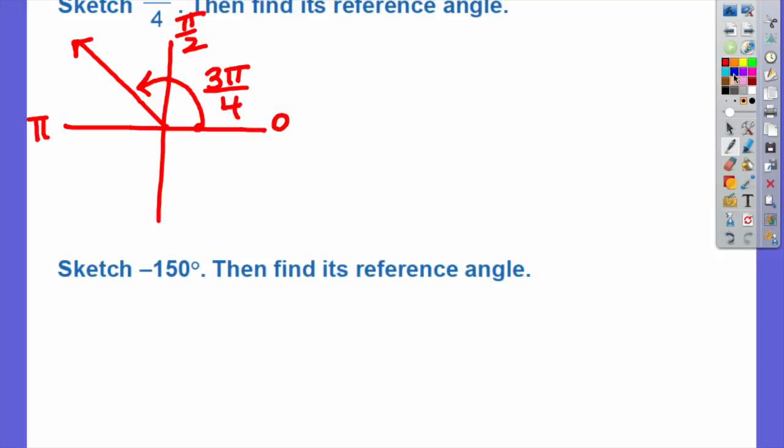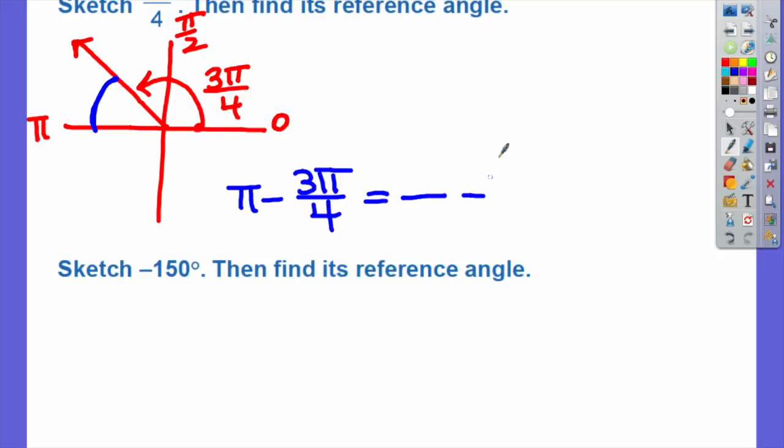Now to find its reference angle, it's its distance from the x-axis. Since we're in the second quadrant, we're going to do pi minus our angle, just using the formulas on the other page. How do I do pi minus 3 pi over 4?